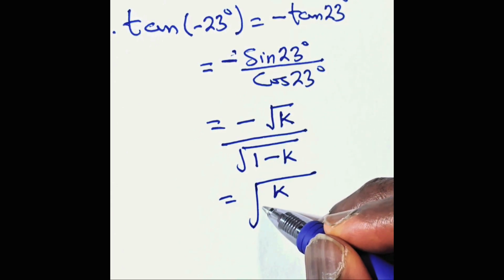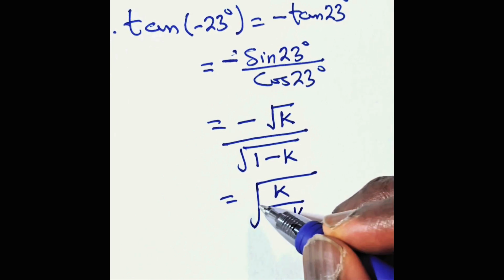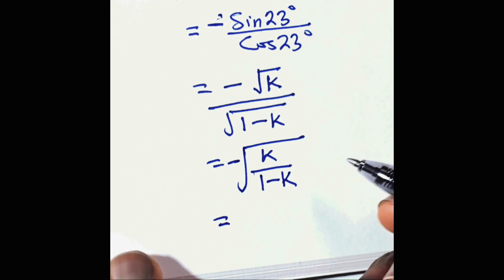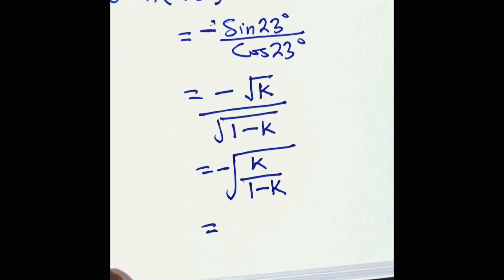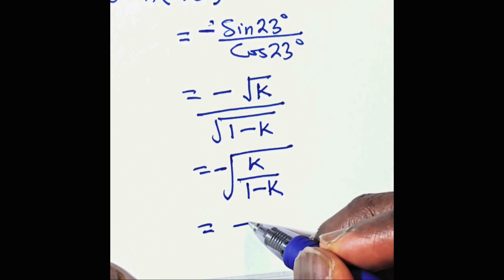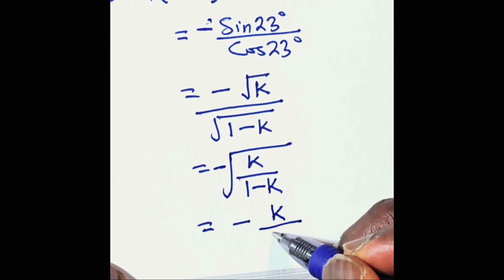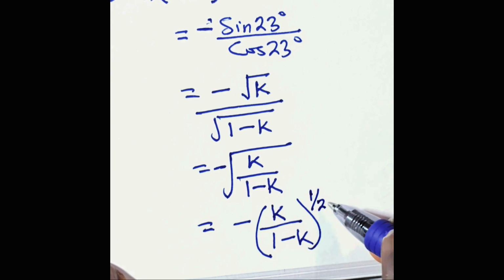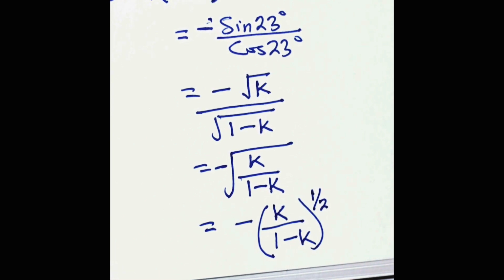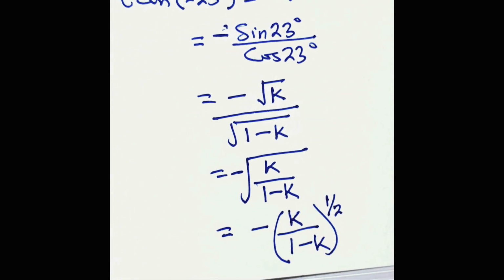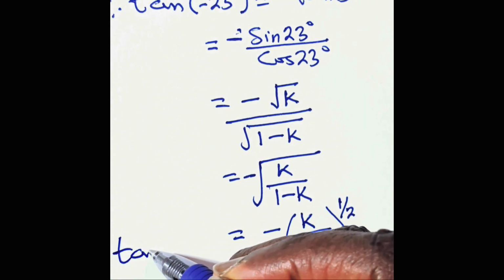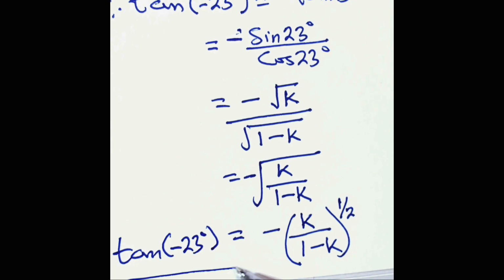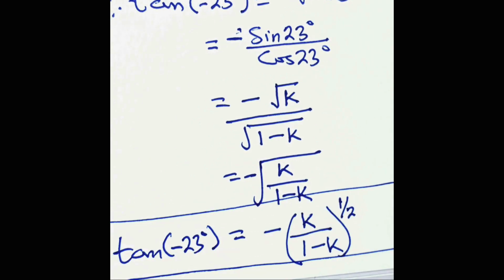We'll have minus the square root of k over 1 minus k. You can leave your answer in this way, but it can also be written as minus k over 1 minus k, all to the power of 1 over 2, and that is tan minus 23 degrees in terms of k.